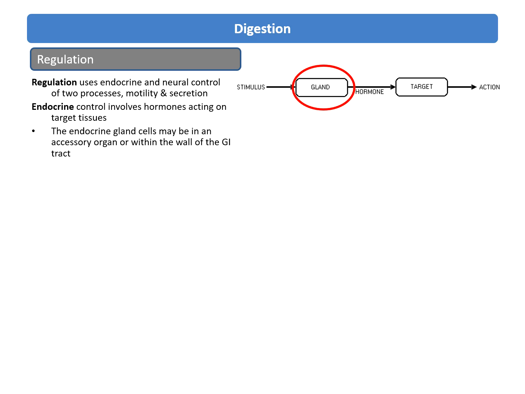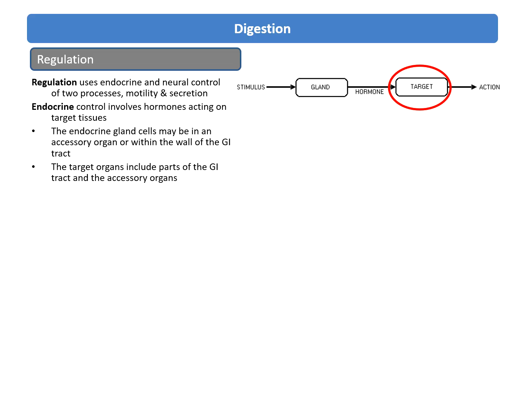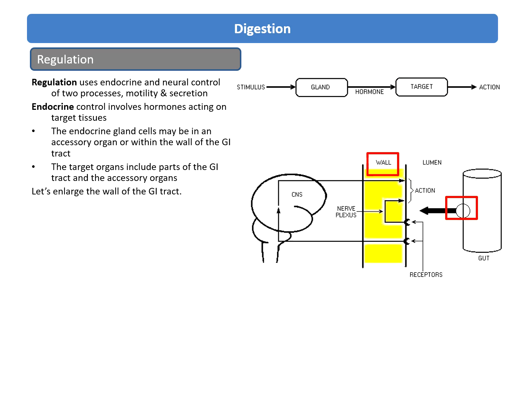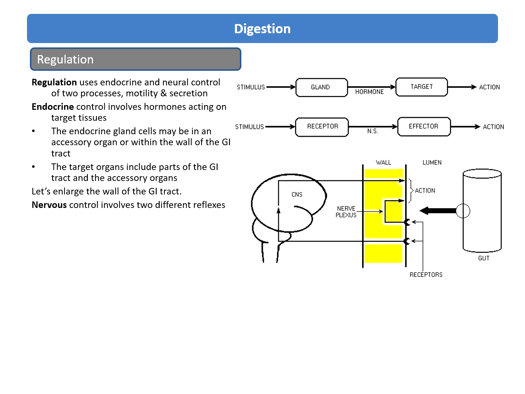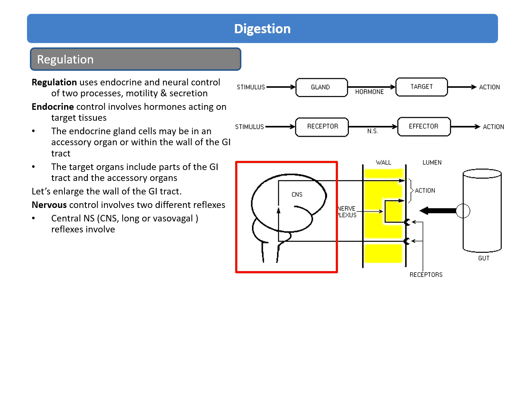The endocrine gland cells may be in accessory organs or within the wall of the GI tract. The target organs include parts of the GI tract and the accessory organs. So you see, it may begin to get kind of complicated. Let's enlarge the wall of the GI tract. That's it in yellow. Nervous control involves two different reflexes.